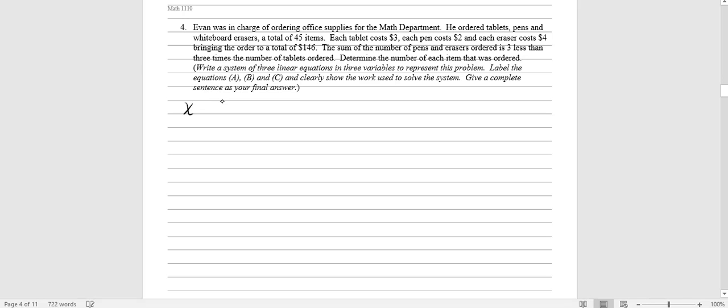One place that I can get a clue is to look at what I'm being asked to find. So I'm being asked to determine the number of each item that was ordered. So I'm going to let X equal the number of tablets.